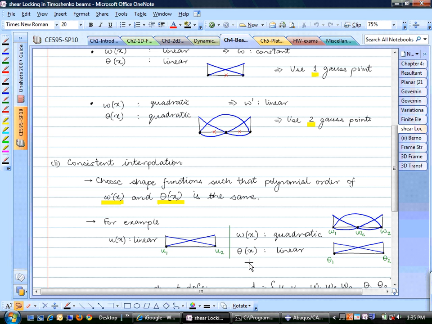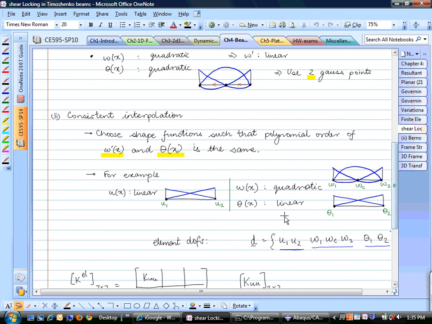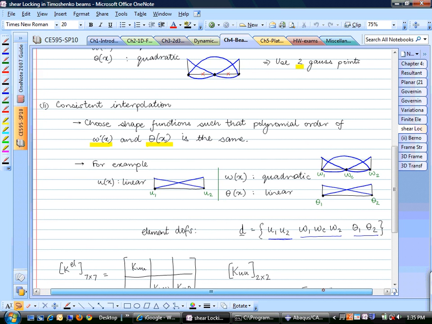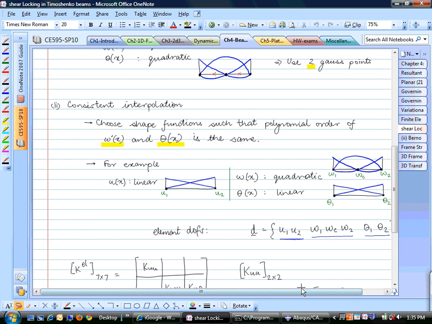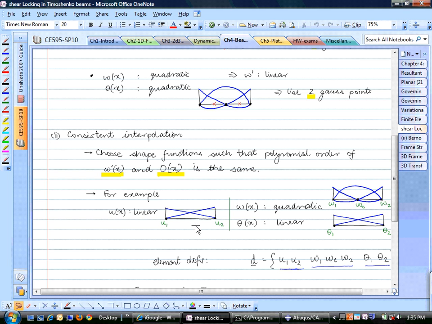So that does not conflict with the order of the curvature, and therefore it avoids shear locking also. So these were the types of first order approximations for Timoshenko beams, and these work because all our derivatives are only first order.